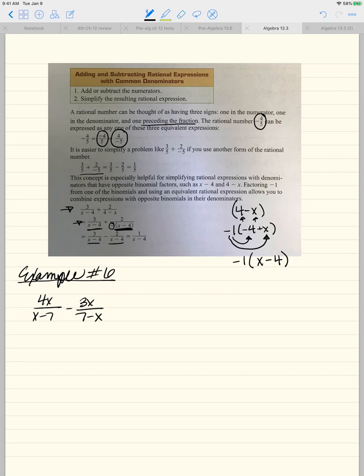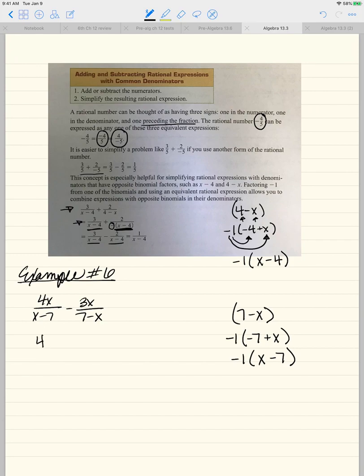I'll just pop it over here so that you can see what's going on. I'm going to factor out -1. That's going to leave me with -7 plus x. And now I'm going to rewrite it just so I can see it a little easier. X plus -7 or x minus 7, they mean the same thing, okay?